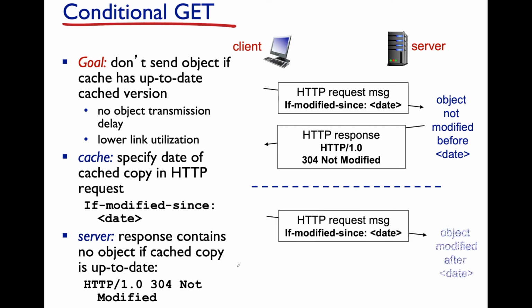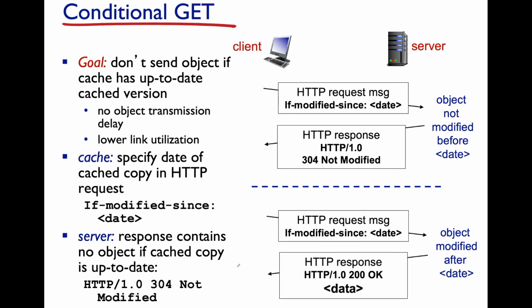So if the client makes a request, and let's say the copy of that object on the server has a later date, it's more recent, well, what does it do? It sends back a usual HTTP response message that says the HTTP version OK message, as well as the data itself. And so in the first case, it says, hey, you're up to date.